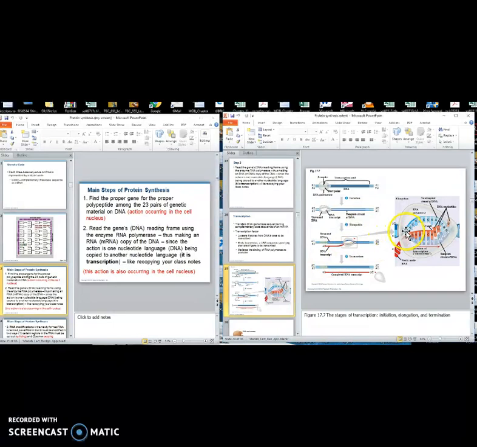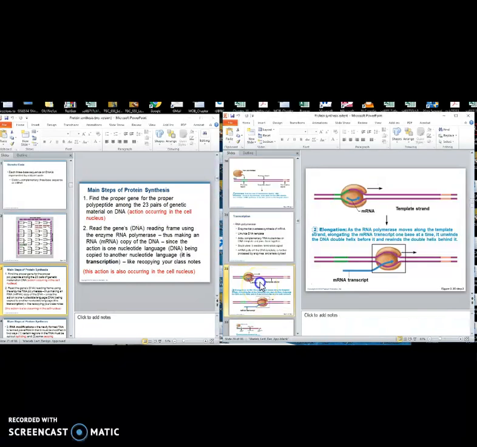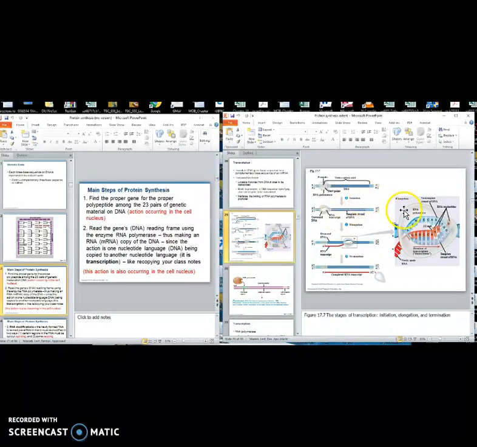then remember, you're reading from 3 to 5, but the DNA is 3 to 5 on one side, 5 to 3 on the other. So what will happen now is you're looking to see which DNA strand is the correct one. Okay. Because on one strand, you could have AACAT.